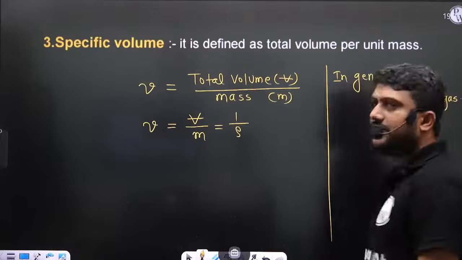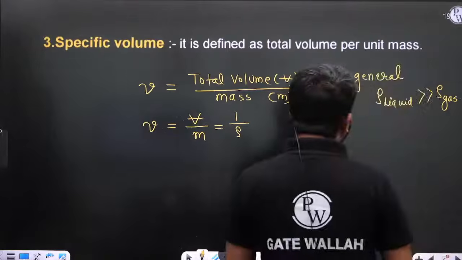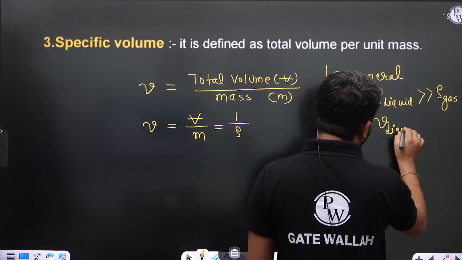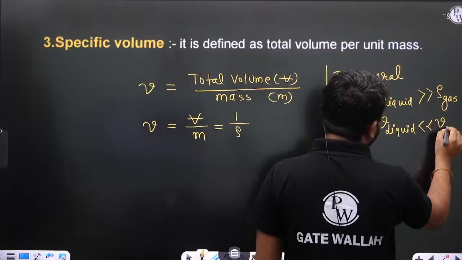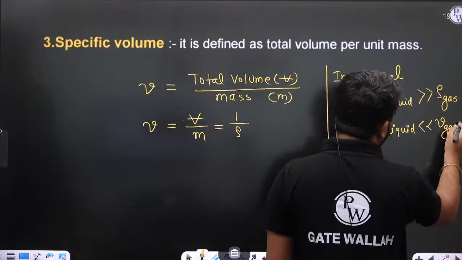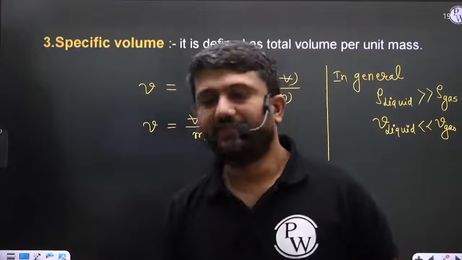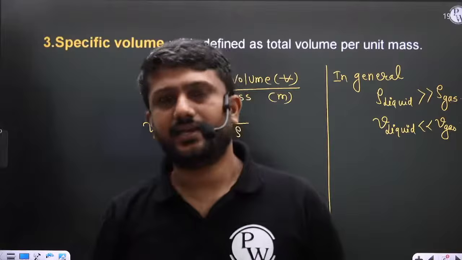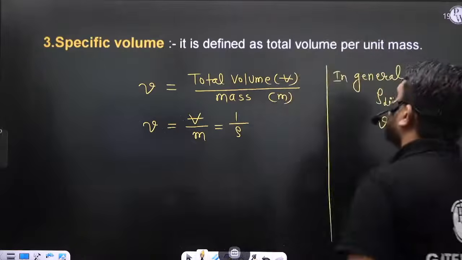So the specific volume of liquid is lesser than the specific volume of gas. From the knowledge of density, we can easily compare the specific volume of liquid and gas.